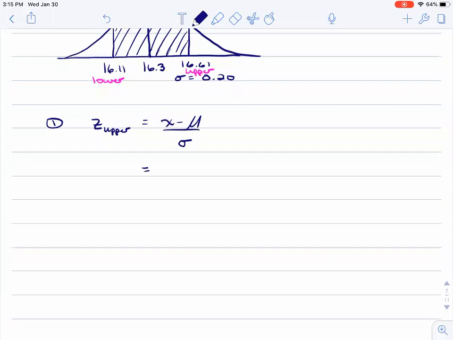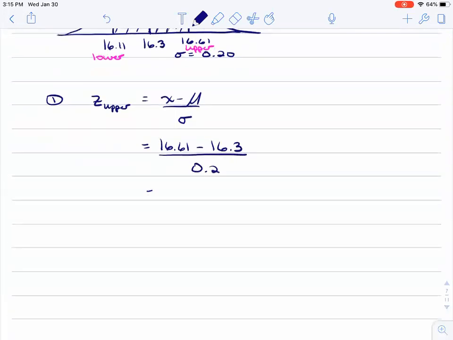X in this case is 16.61 minus 16.3 over 0.2. The upper one is 1.55.